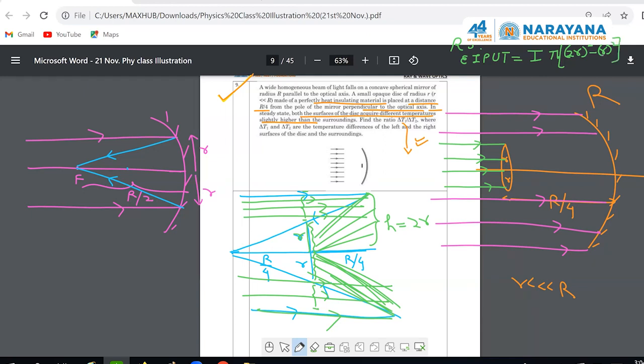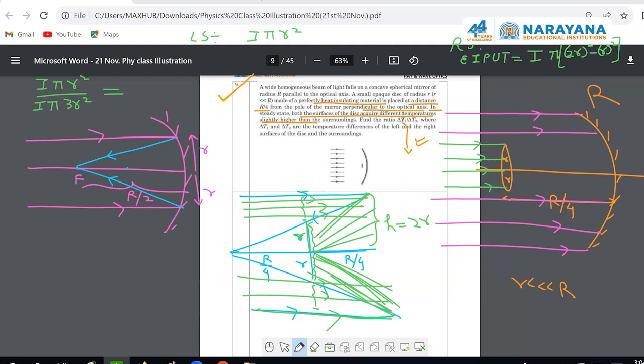So that is the power which will finally be deflected from the mirror on the right hand side of the disc, right? And if you look into the left hand side, the same thing is I into pi into r square. Now let me write the ratio: I pi r square upon I pi 3r square. This power is equal to what it is effectively radiating per unit time.